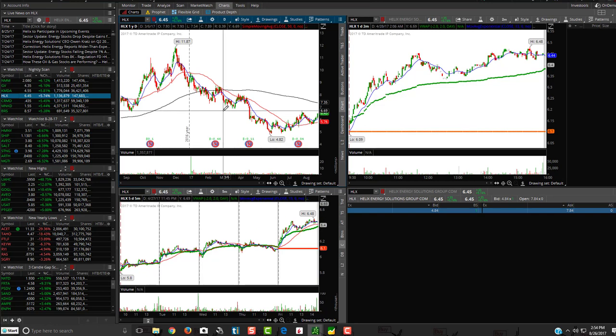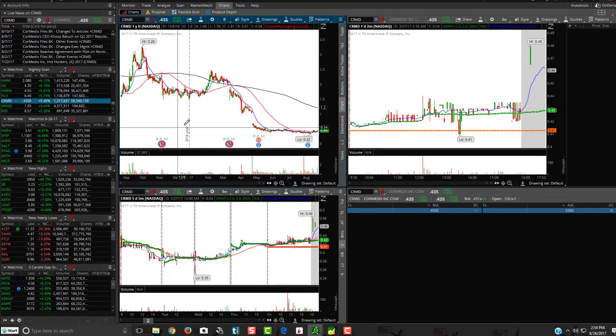You want to see it break this 669 area. And I don't like it. CRMD wants to go to those areas. That's the gap. So you want to see it break that 68 and then go up literally right to that $1 to fill the gap at some point, whenever that will be.